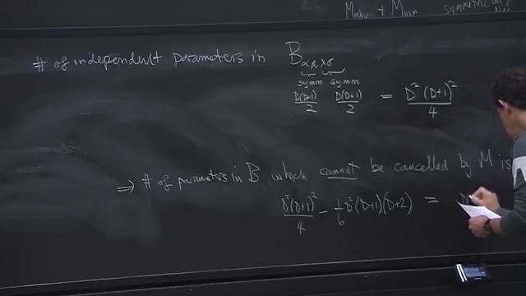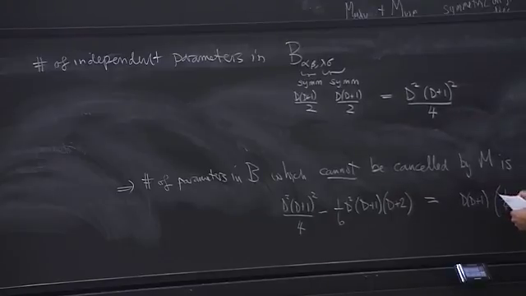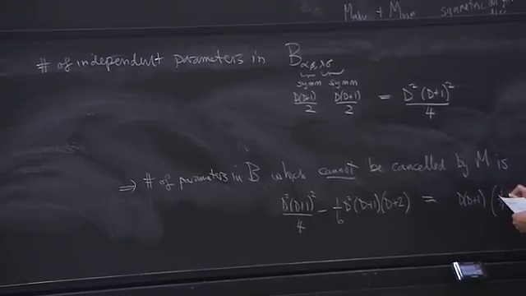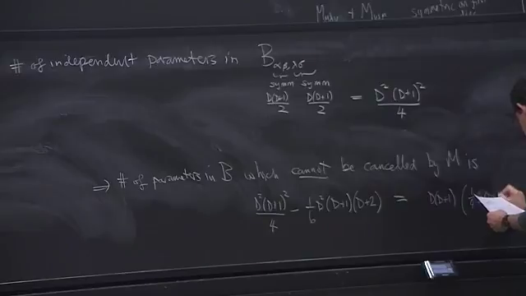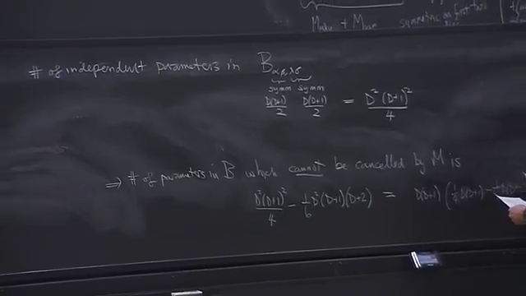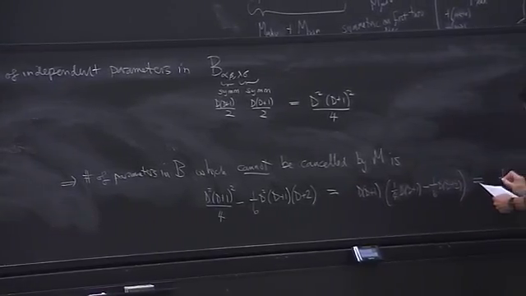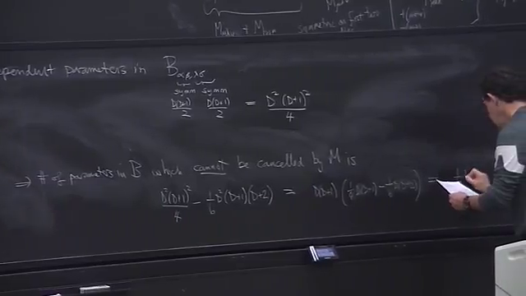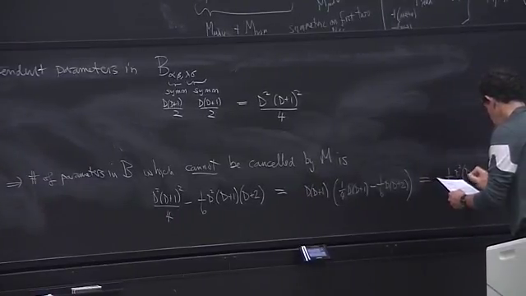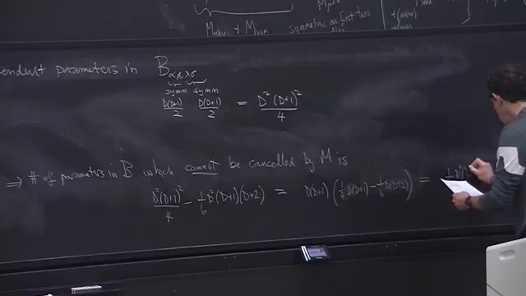So it's D, D plus 1 times 1/4 D plus 1 minus 1/6 D plus 2. And so this is equal to 1/12 D squared, D squared minus 1.